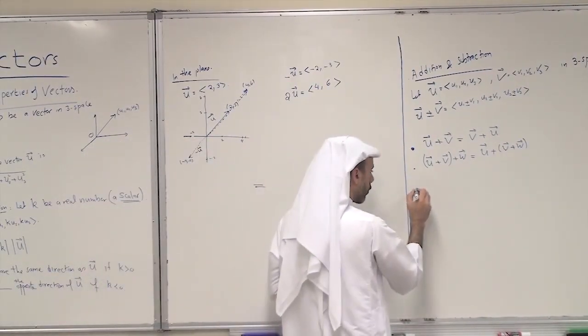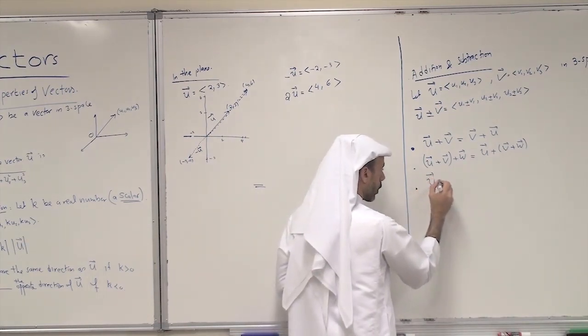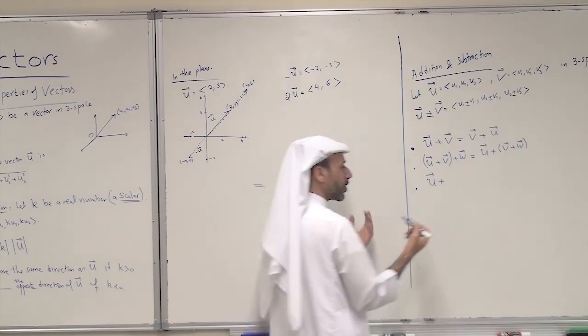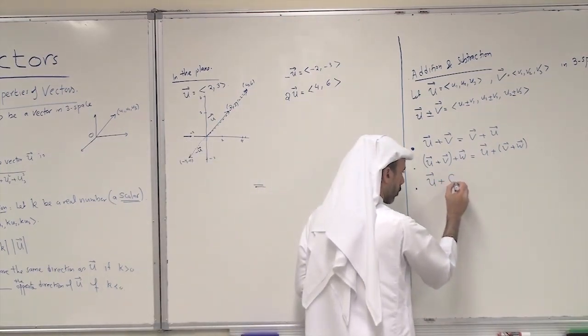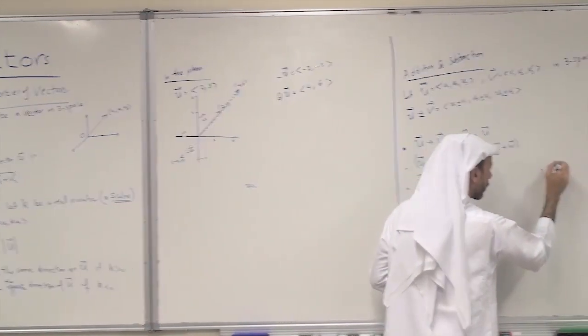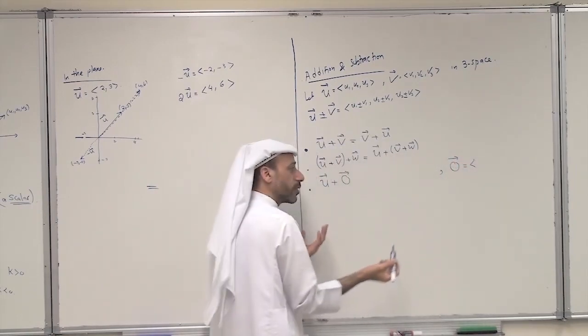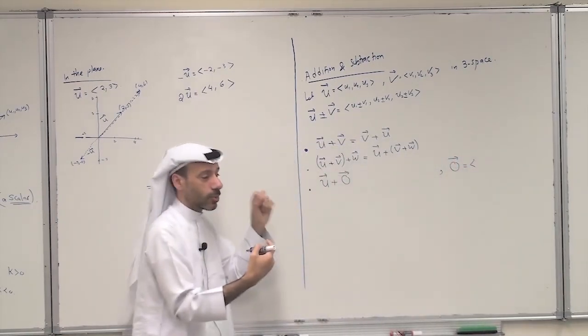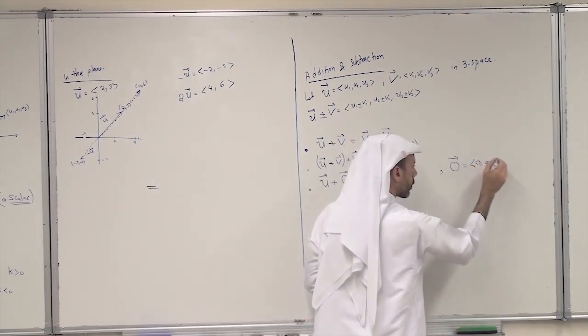In fact, we also have the following: the vector U plus the zero vector. So what is the zero vector? The zero vector is the vector defined as follows. It really starts and ends at 0, so it is just the origin. So the components will be 0, 0, and 0.